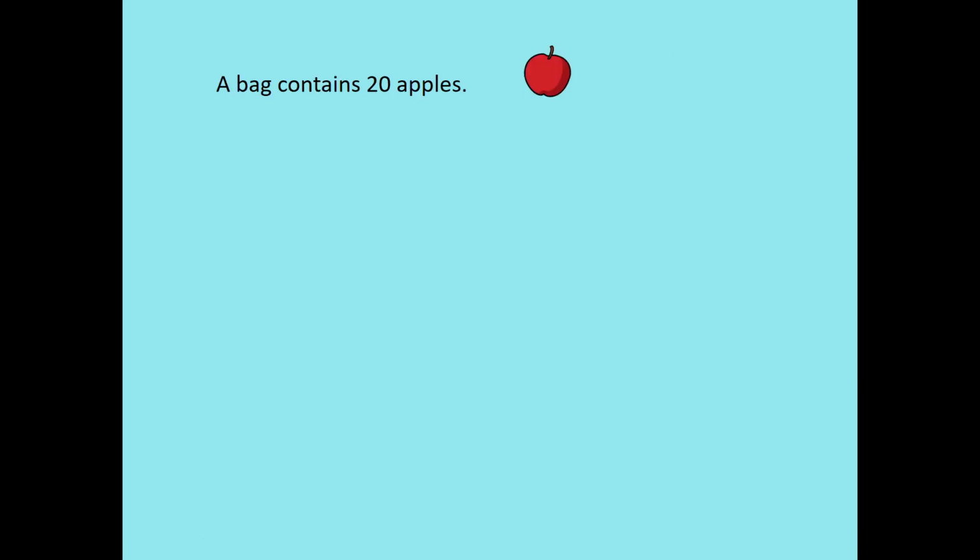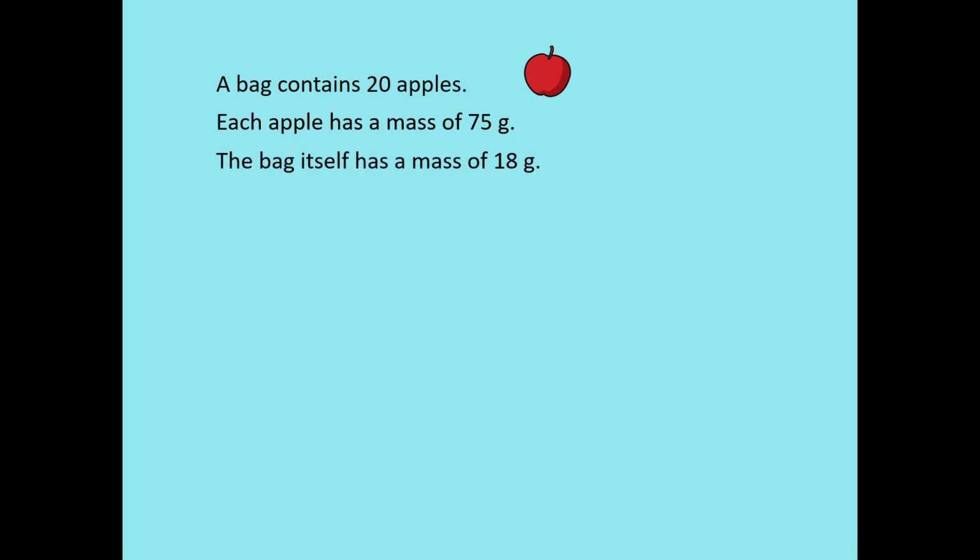Okay. A bag contains 20 apples. Each apple has a mass of 75 grams. What would I be doing now? Maybe figuring out how much my bag weighs in total. The bag itself also has a mass of 18 grams. So we've got 20 apples, which each weigh 75 grams, and the bag itself weighs 18 grams.